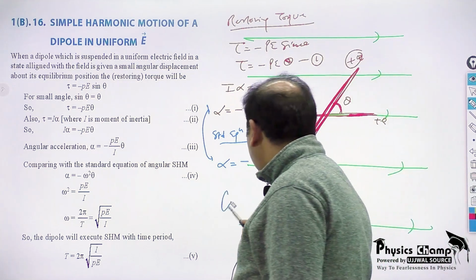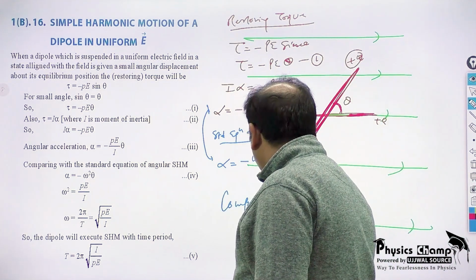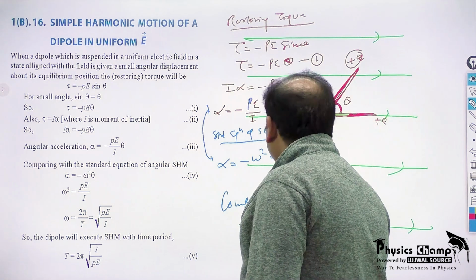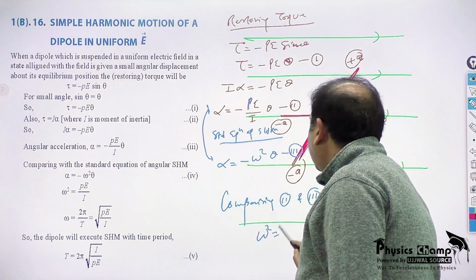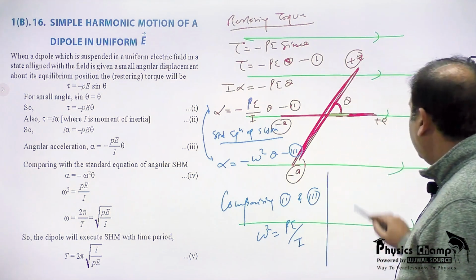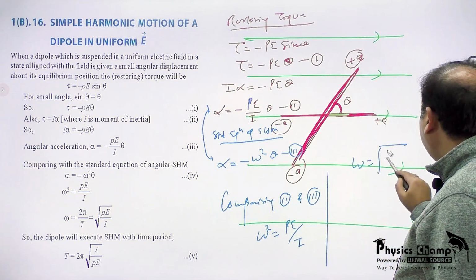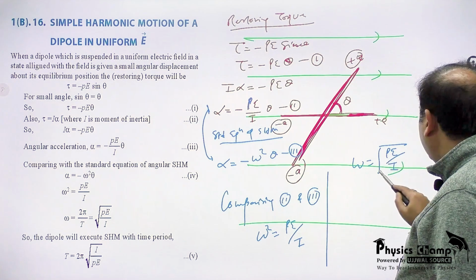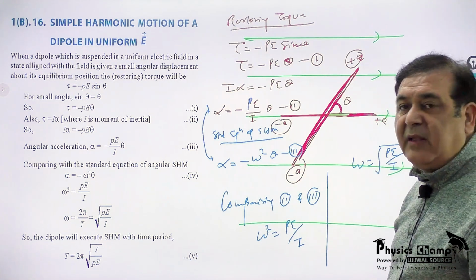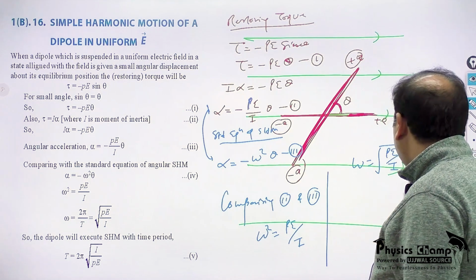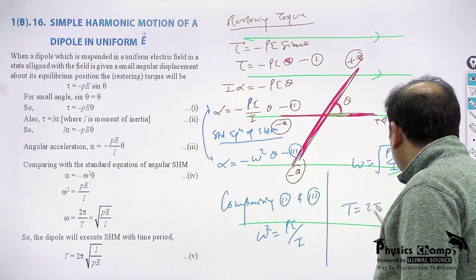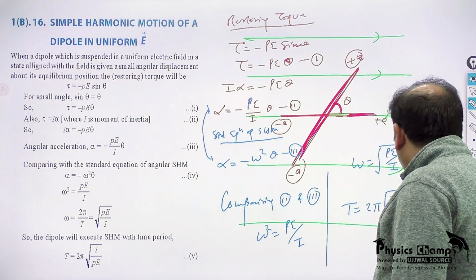Comparing the second and third, we get omega square is PE by I. Omega is root PE by I, where P is dipole moment, E is the electric field, I is moment of inertia, and omega is 2 pi by T. So its time period will be 2 pi root I by PE.